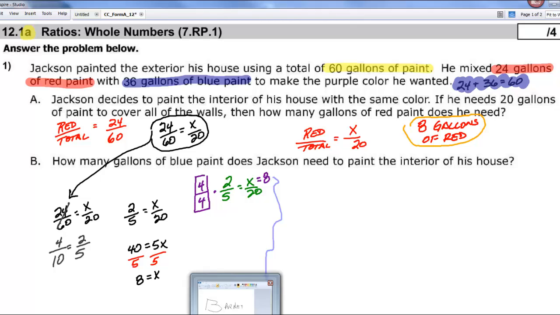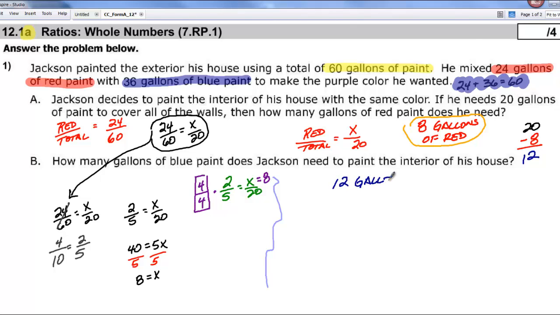Well, since all the paint is either red or it's blue, we know that if we've just used 20 gallons and 8 of that was red, what's left over, 12, has to be blue. 12 gallons of blue.